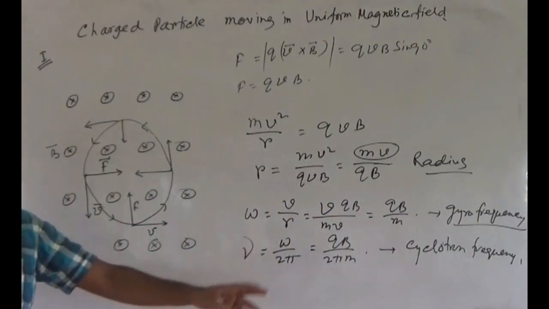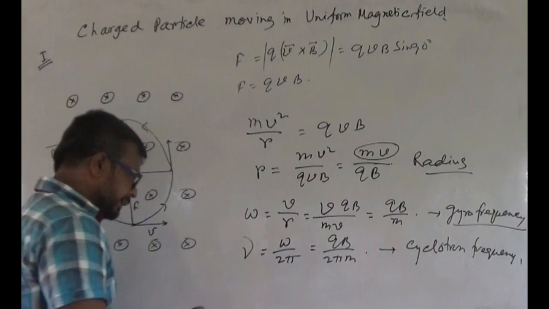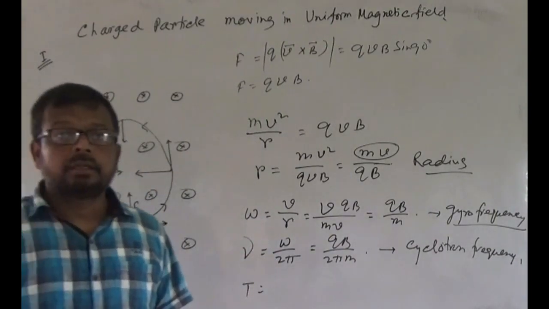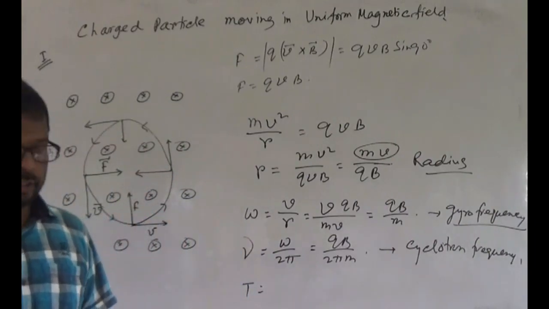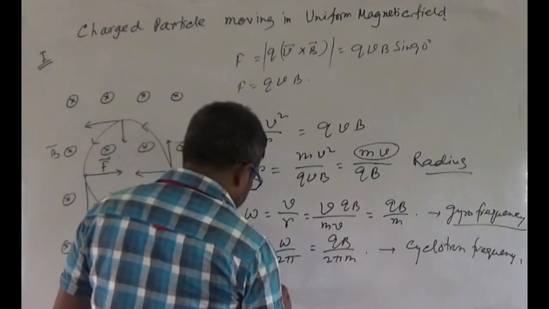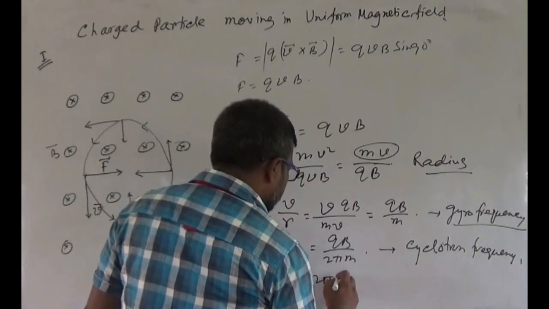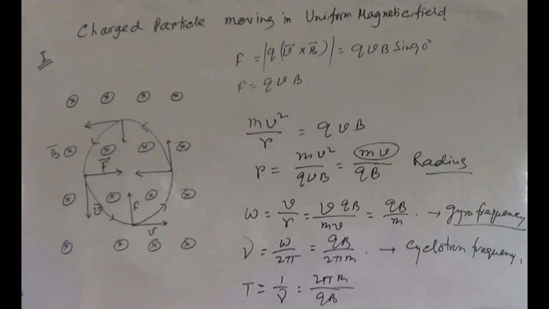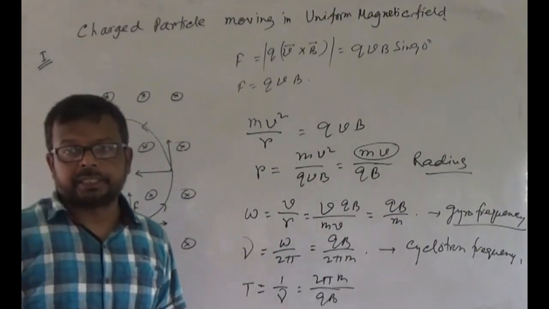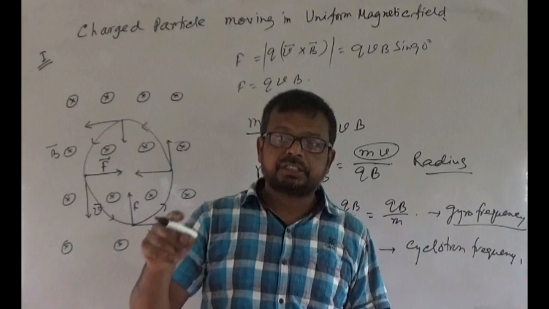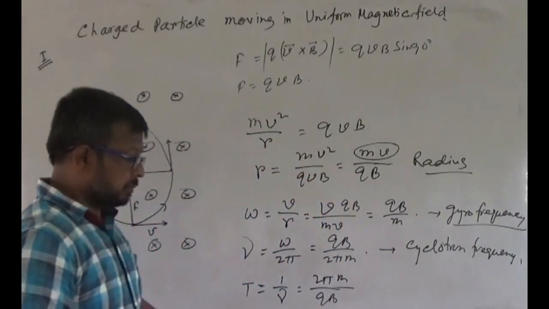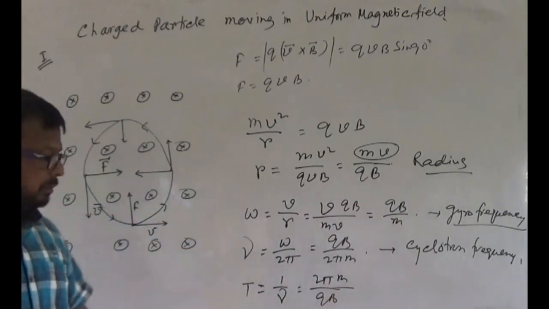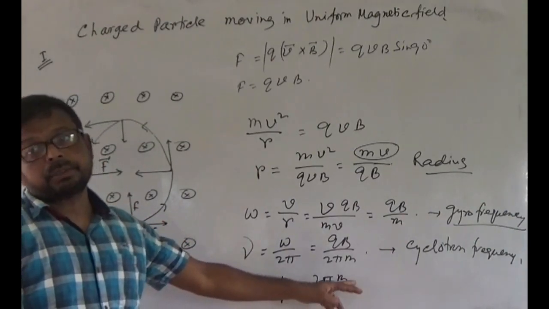Nu is this, and therefore the time period. What will be the time period? Time period is the time required to complete one revolution, which is 1 by nu, and that is 2 pi m by qB. 2 pi m by qB is the time period of the charged particle, and it is also independent of the speed of the particle and also the radius of the circular path.